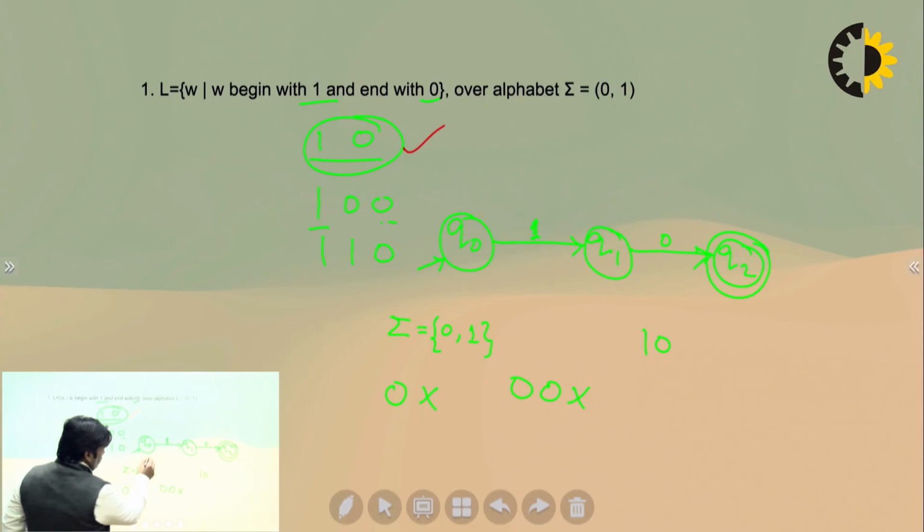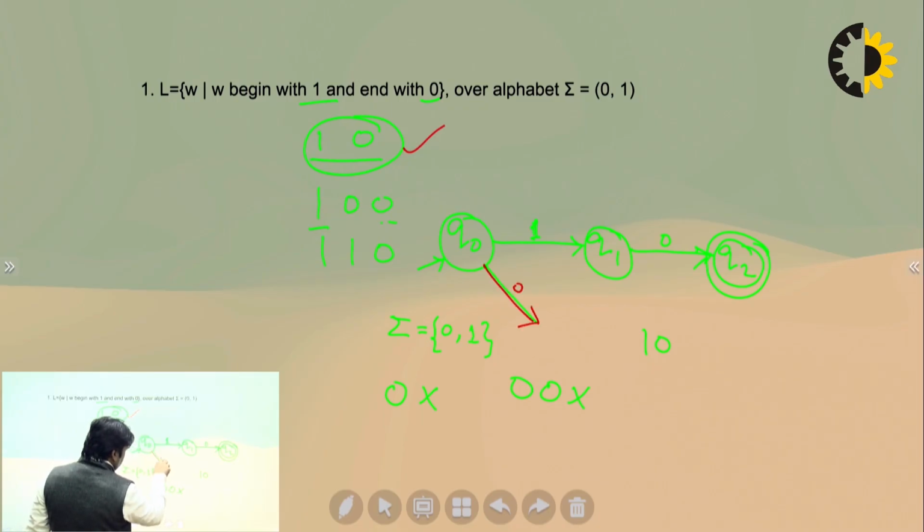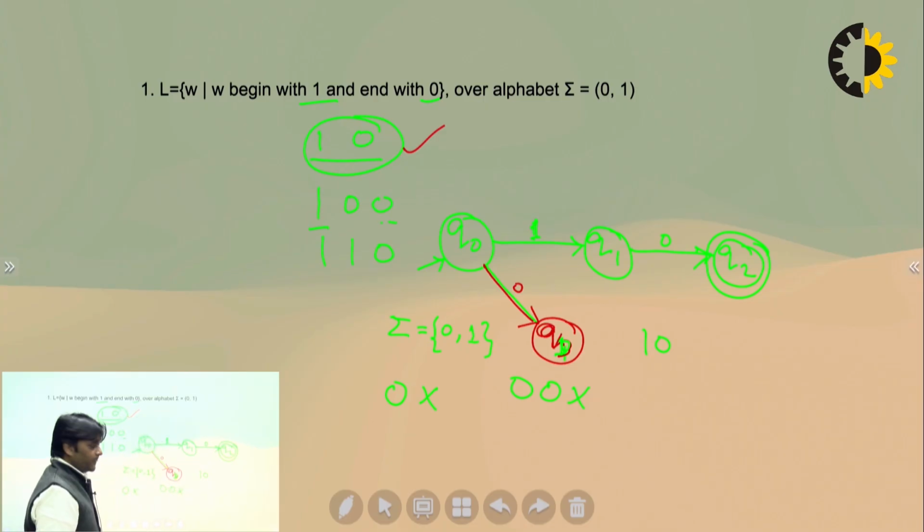So on 0 we have to move to a state from where there is no option to reach the final state. That state is known as the dead state.